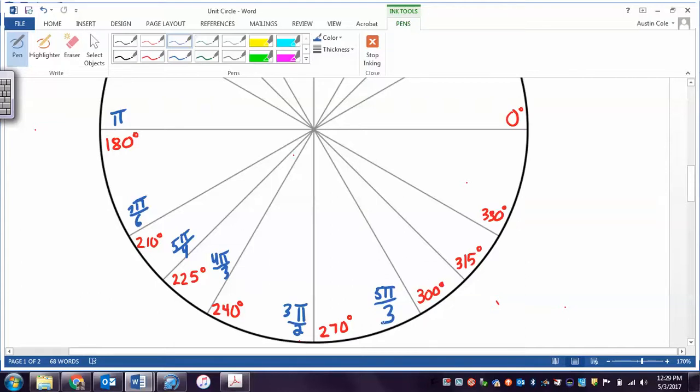Okay, we have our last 45 one here then. That's going to be 7 pi over 4. And finally, we have 11 pi over 6. What's all the way around the circle? 2 pi.